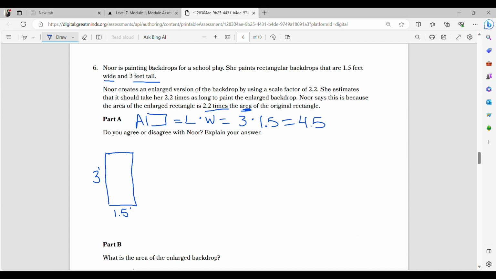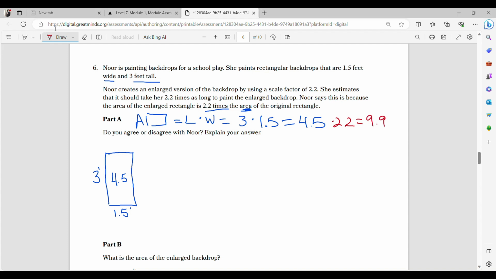So the area for this rectangle is 4.5. So what she's saying is that the area of the enlarged rectangle is 2.2 times the area of the original. I don't know if that's true. That would mean this area here, times 2.2, would equal 9.9.